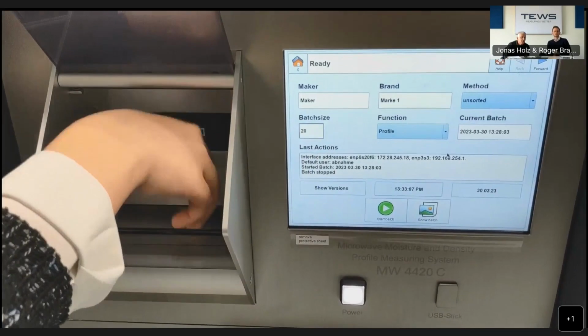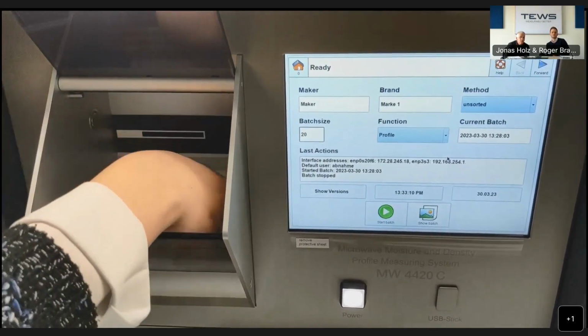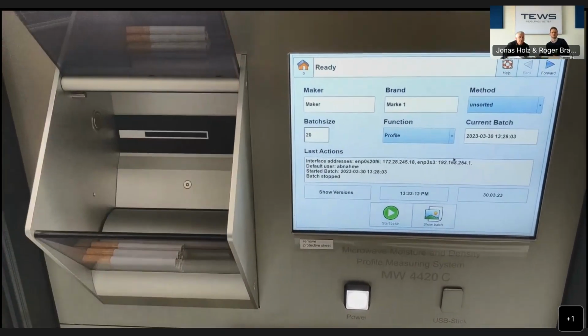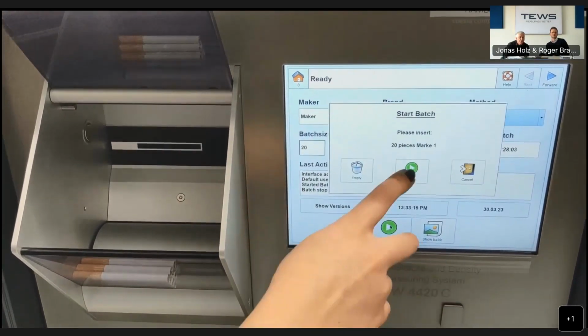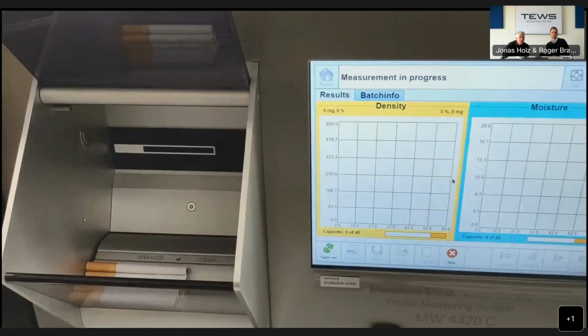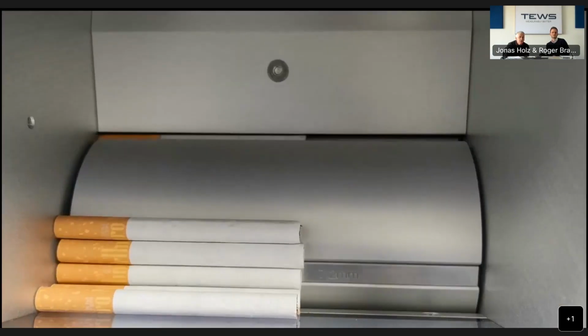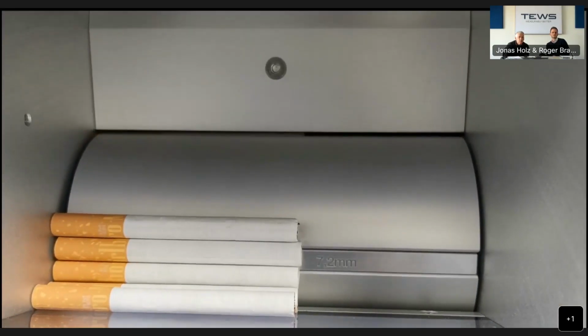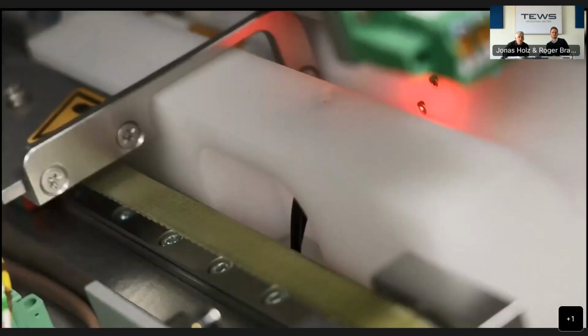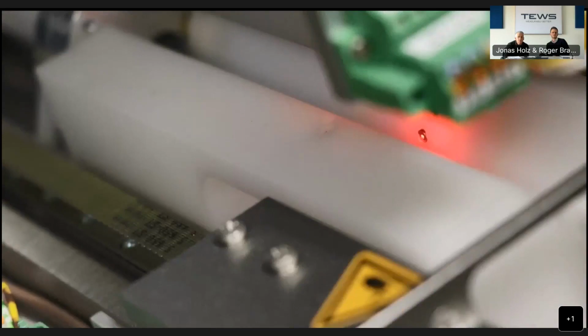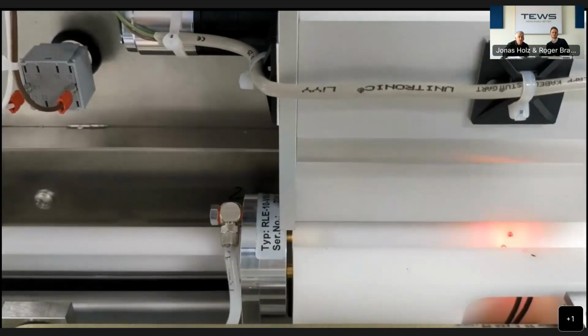You put the cigarettes into the feeding hopper and press the start button. The rotating feeder will grab single cigarettes and drop them into a feeding rail, which is seen here.